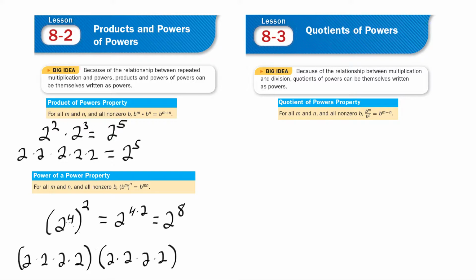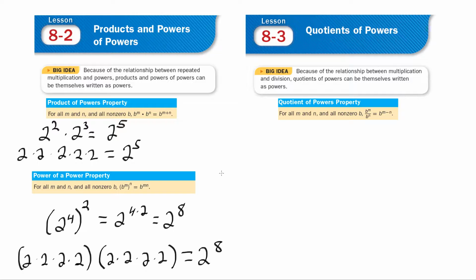That's what this says. So 2 to the fourth, there's 4 2's, times 2 to the fourth, there's the 4 2's. That's what squaring that means. And how many do we have all together? 1, 2, 3, 4, 5, 6, 7, 8. It equals 2 to the 8th. That's why that one works.